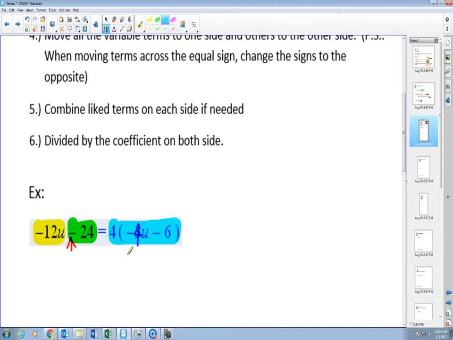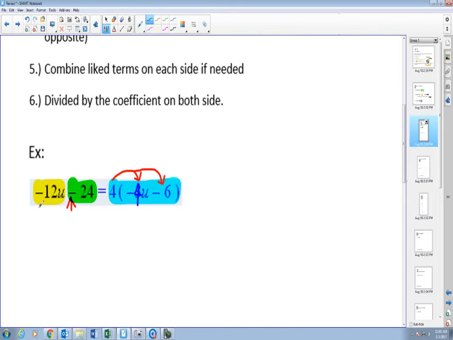I see my third term has a parenthesis, so that reminds me to do a distribution. I will distribute my 4 onto the negative 4u and the negative 6. First term, nothing to do. Negative 12u is still the same. Second term, negative 24, equal.